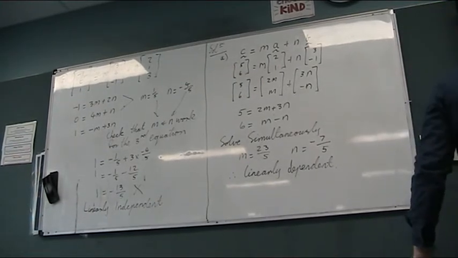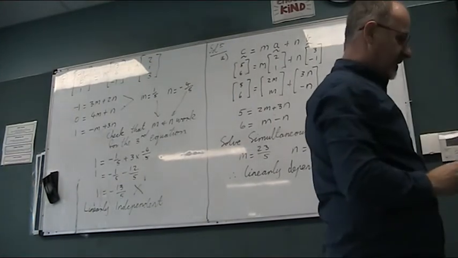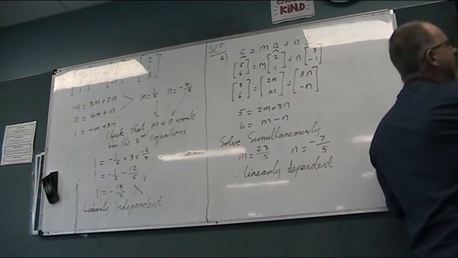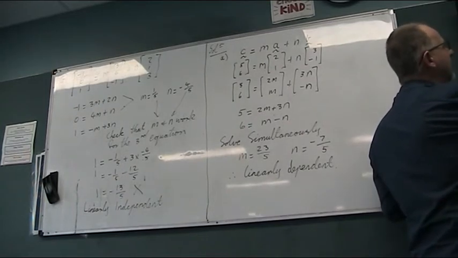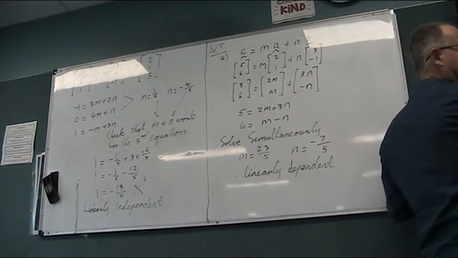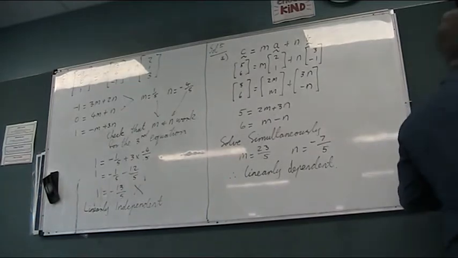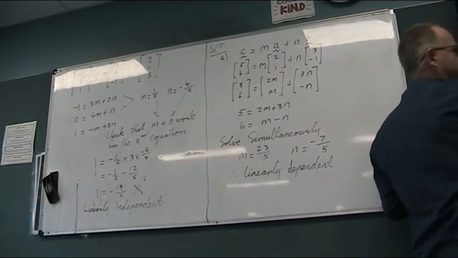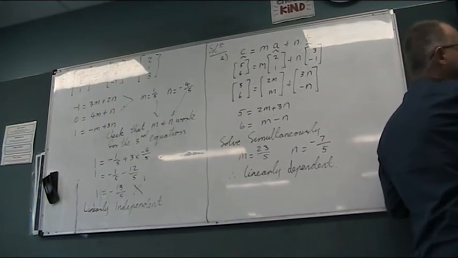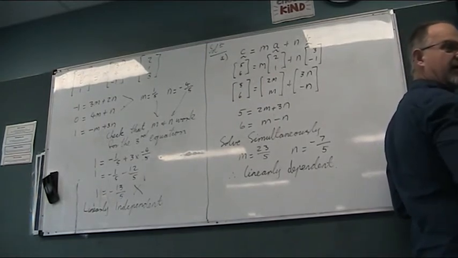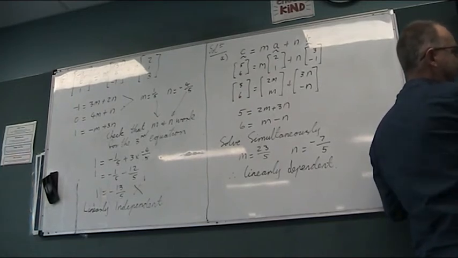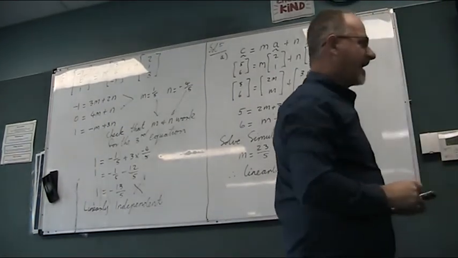Now, vector A might not necessarily have a magnitude of 1, but it's quite simple to determine what vector A hat is from vector A, because all you need to know is how long vector A is, and if you divide vector A by how long it is, that gives you the unit vector A hat. So A hat is simply vector A divided by the magnitude of vector A.